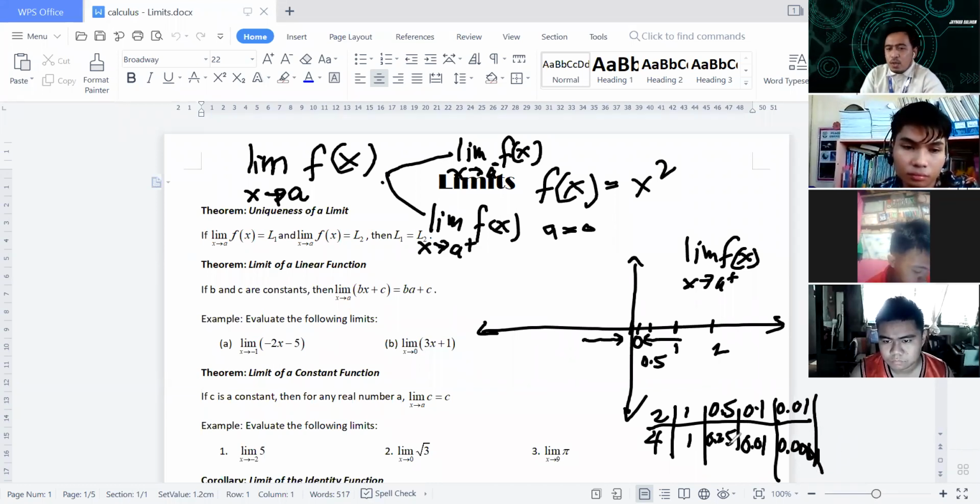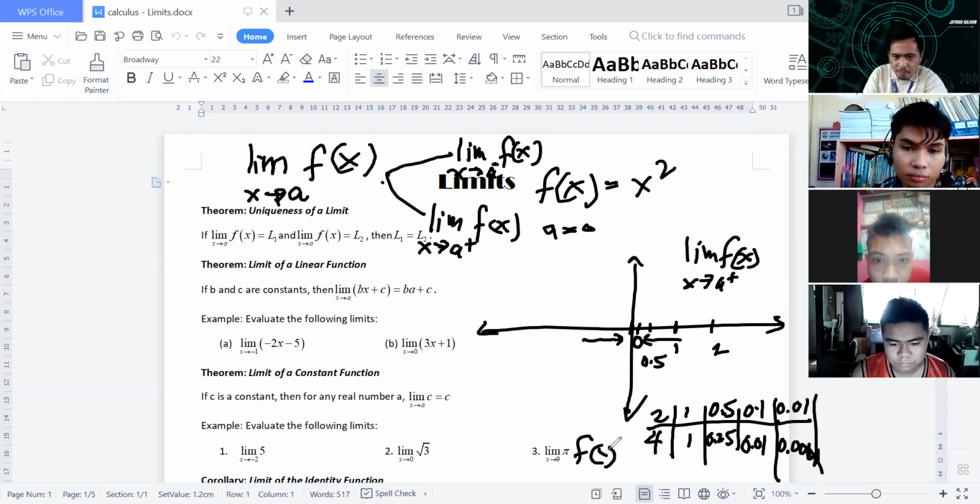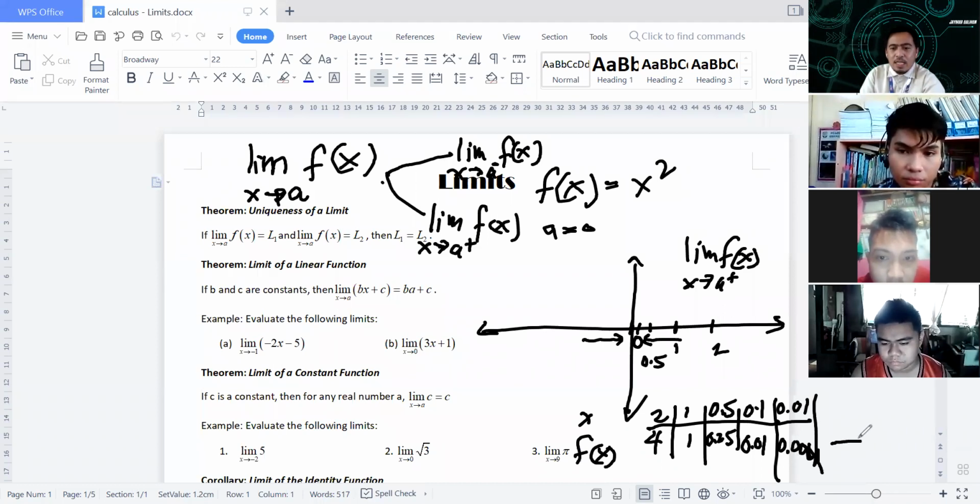Okay. So do you observe something in the value of your f of x as x approaches 0 from the right-hand side? What do you observe in the value of f of x? Does it approach a certain value? If you continue, it gets smaller, approaching 0.00001 and so on.